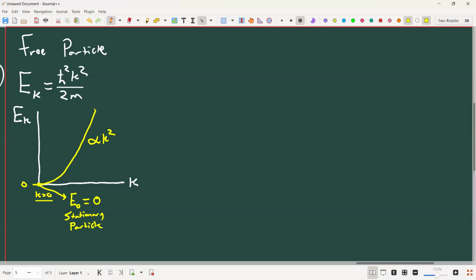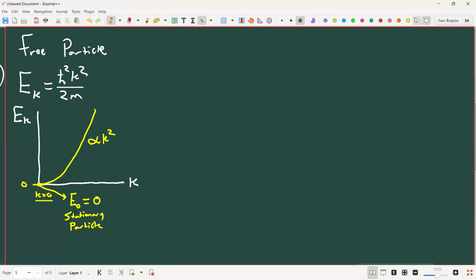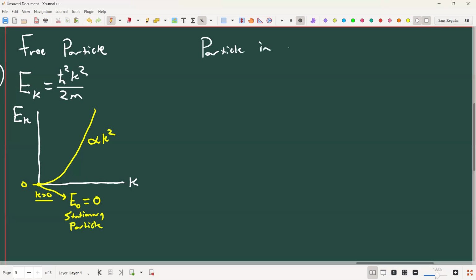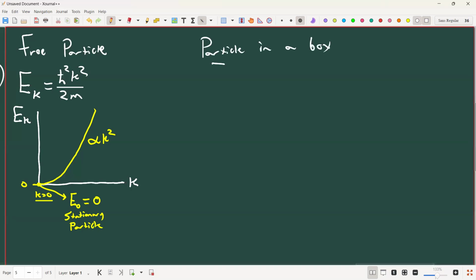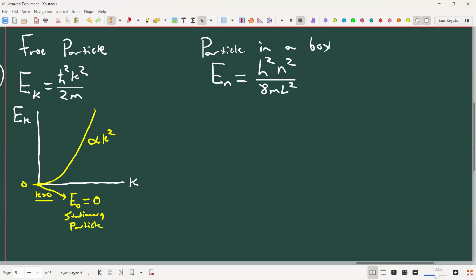All right, keep that in mind. So a free particle can just stand still and not move. It can also move at any speed it wants, any momentum. And the energy goes as k squared. Any value is allowed. Now for our particle in a box, we have E_n, which is h squared n squared over 8ml squared.